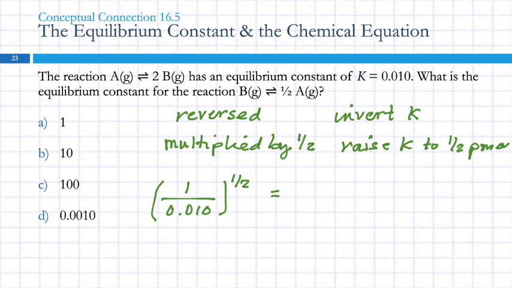So this equals 100 to the 1/2 power. And what is something raised to the 1/2 power equivalent to? The square root. So what's the square root of 100? It's 10. Any questions?